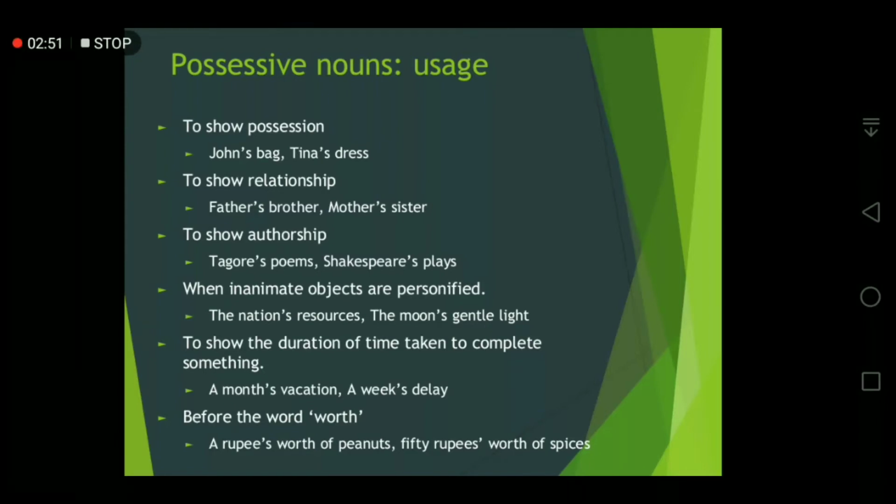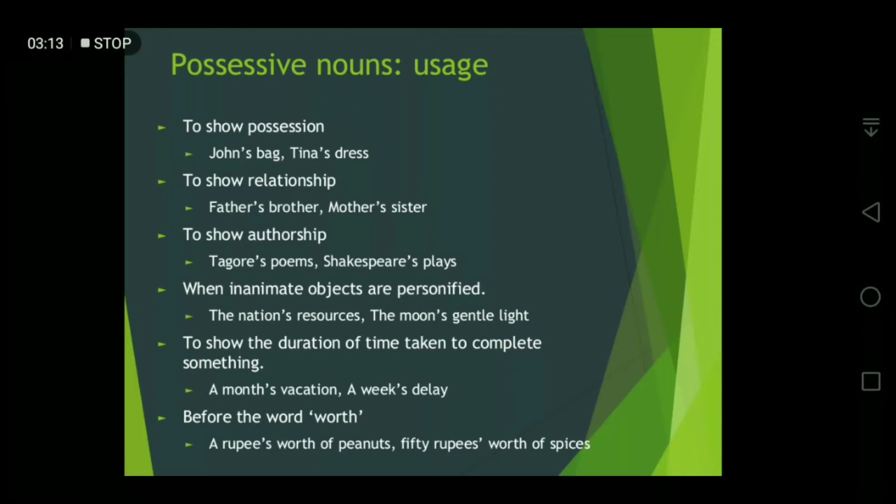At that time, we can use it like father's brother, mother's sister. Even if you have a single word for the relationship, still if you want to express it, you can also use possessive nouns.